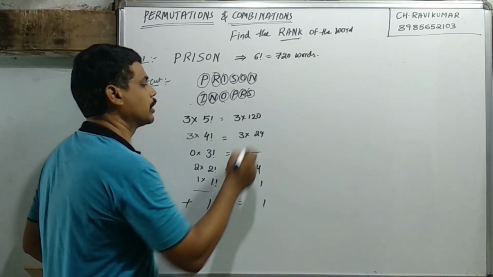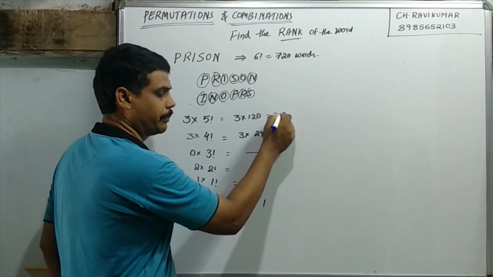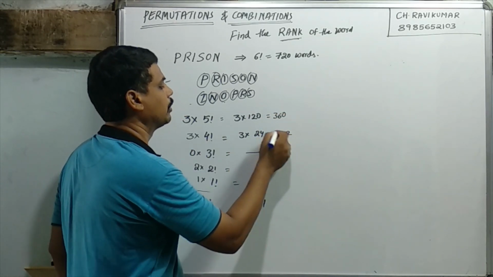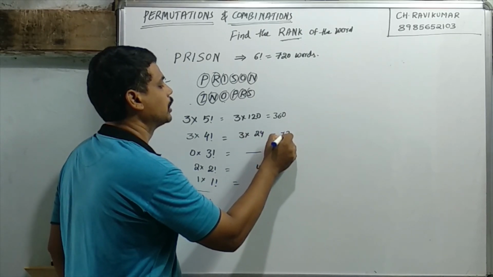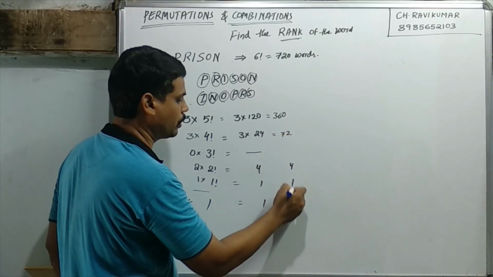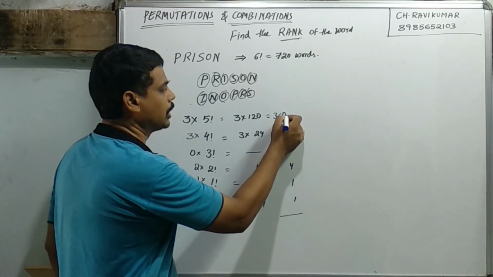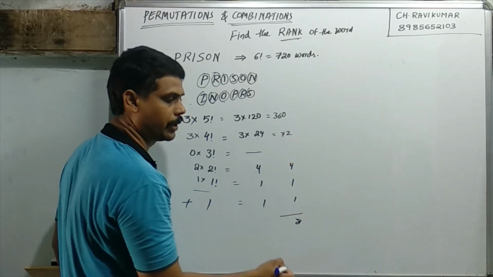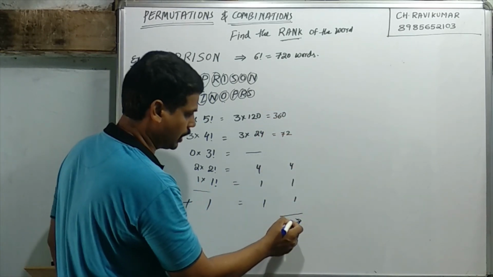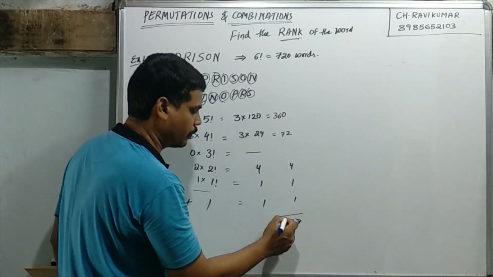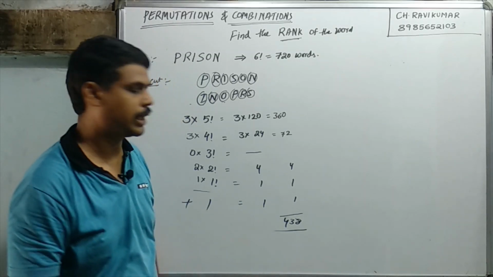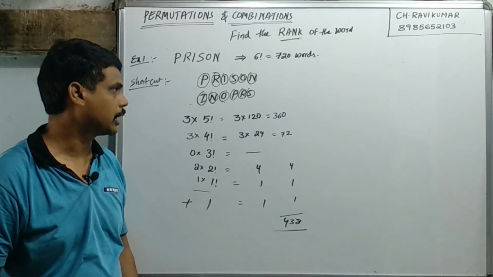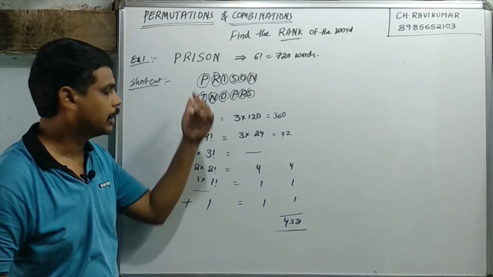So the answer is 360 plus 72 plus 4 plus 1 plus 1, that is 438. Okay, 438 is the answer. Okay, next one more we will take.